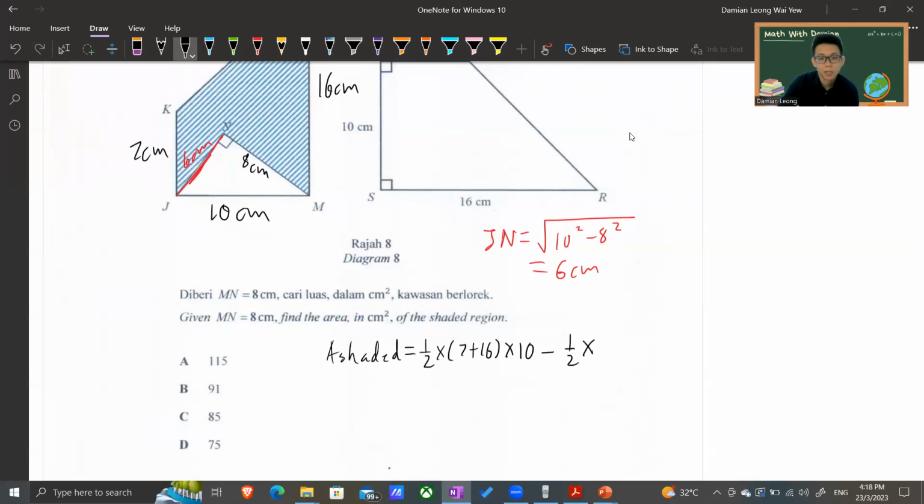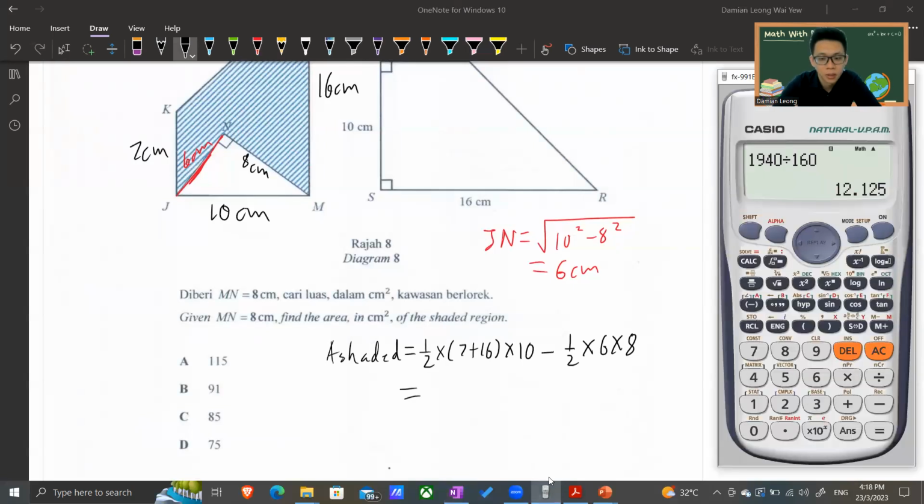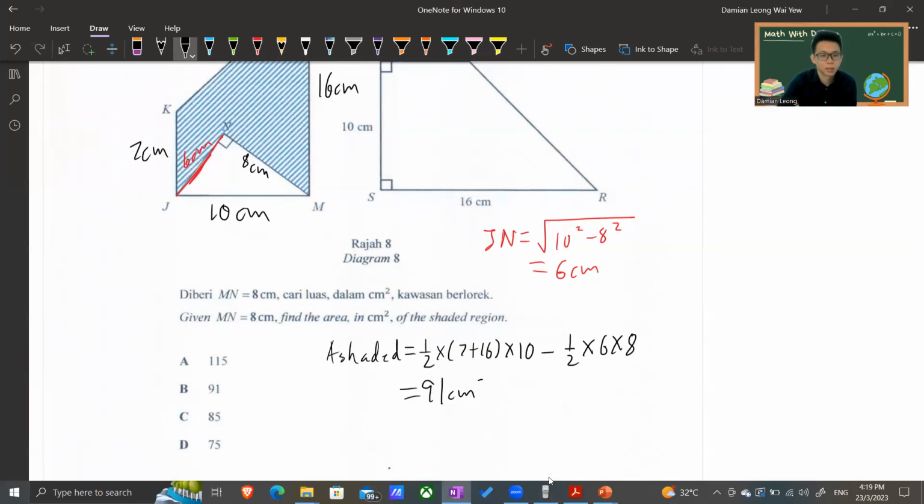Base and height, again, must be 90 degrees to each other. 6 times 8. Okay. So half times bracket 7 plus 16 times 10 minus half times 6 times 8, 91. Yeah, 91 cm square. Answer B.